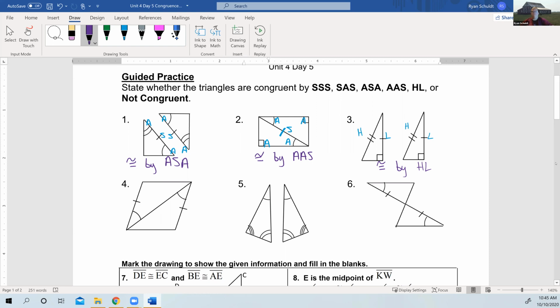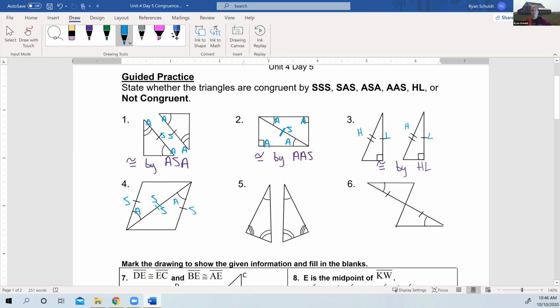Okay, number 4. I share a side, so I know that's automatically done. So they give me another side, and then they give me an angle. Is my angle in between my two sides? Yes.